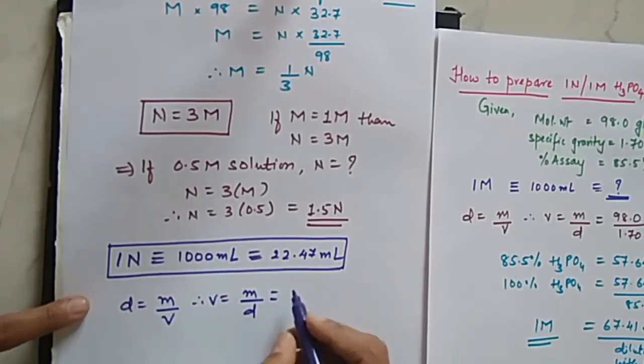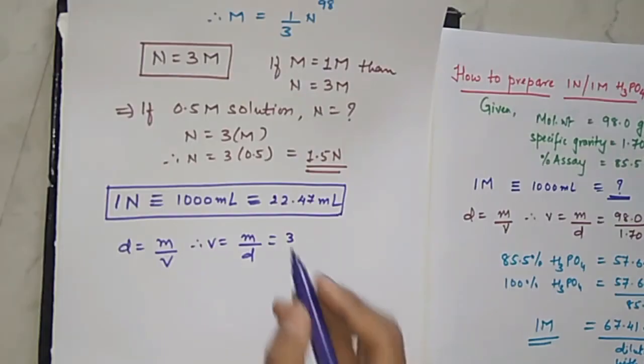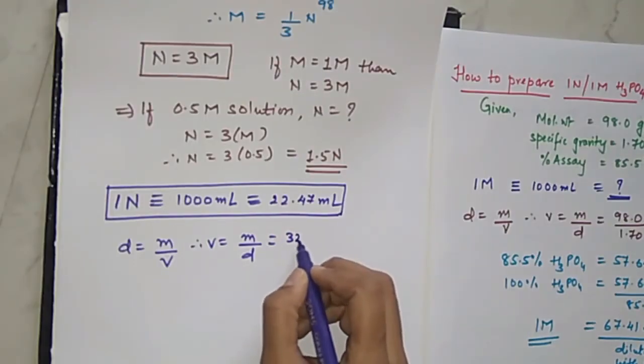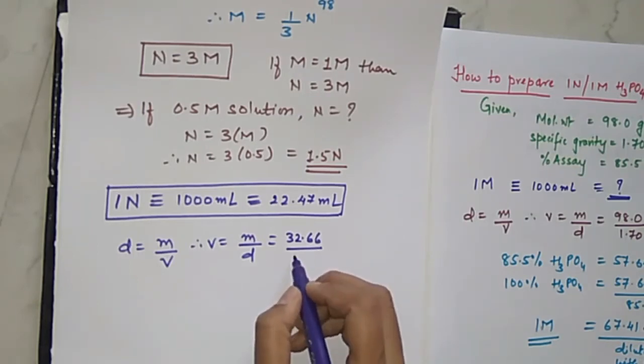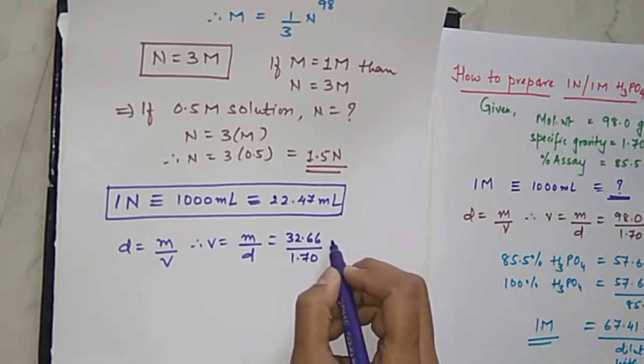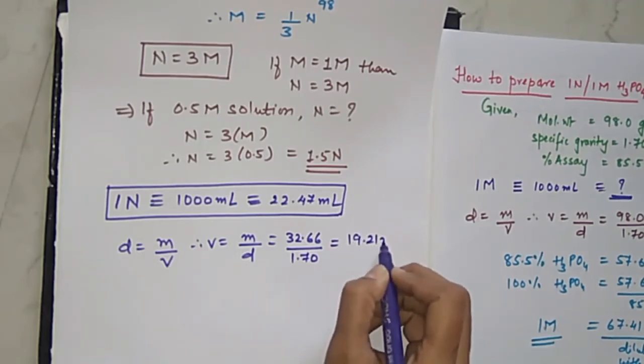Here the mass we take is the equivalent weight. The equivalent weight of phosphoric acid is 32.66, divided by the density of 1.70. That gives us 19.21 ml.